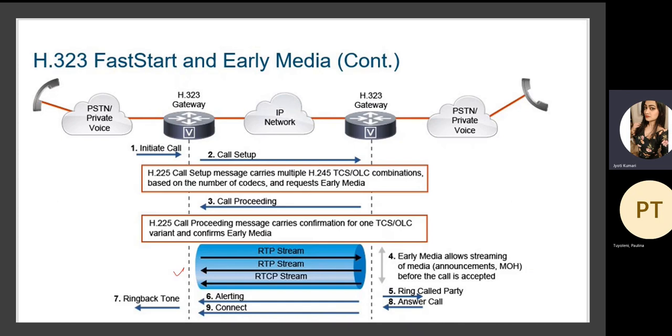Based on the inputs, it will then be answered. So the call is actually connected and the RTP stream is going on, but it has to be answered via another media. So there will be some additional step after that. It will now start ringing based on the input provided. In the same way, it will send an alert, then ring back and get connected.